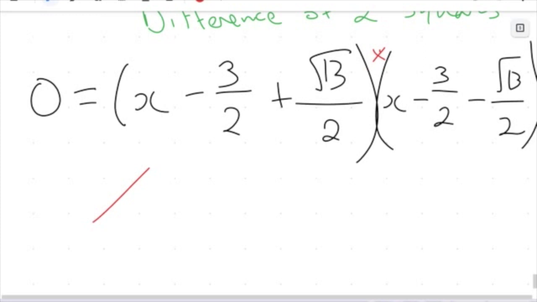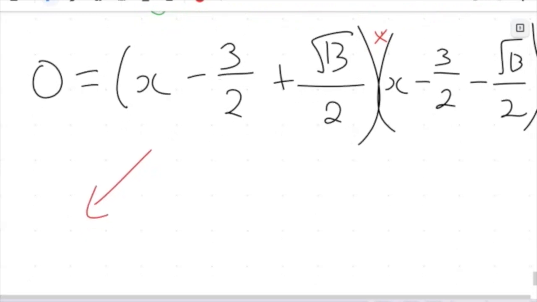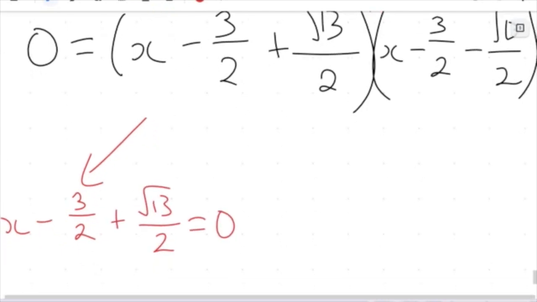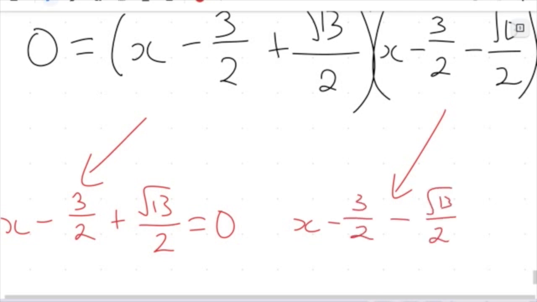So we get 2 cases here. We get the possibility for x minus 3 on 2 plus root 13 on 2 to equal 0, or we can get x minus 3 on 2 minus root 13 on 2 equaling 0.